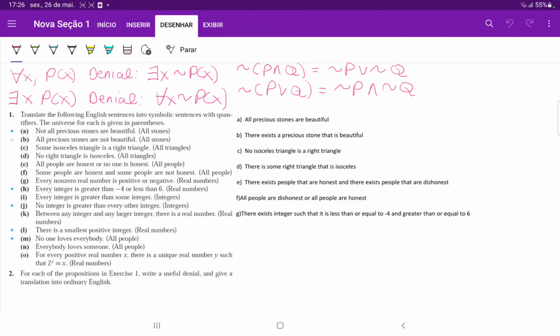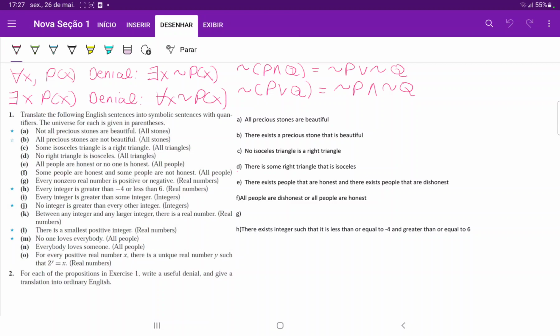What about our H? I missed an example, so let's put in our G. Our G is every non-zero real number is positive or negative. So once more, we have a universal.